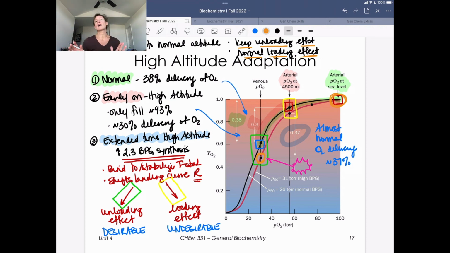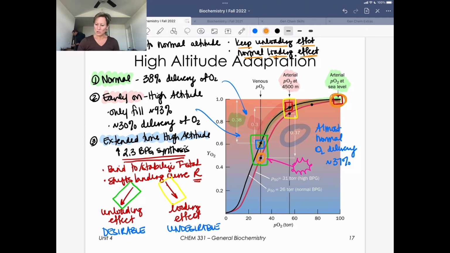So this is why athletes do this. This is why they train at high altitude: you get to have the benefit of the unloading from the enhanced 2,3-BPG, but by being back at normal concentrations of oxygen in your environment, you get to fill your bucket more fully. So really that adds back in that extra 7%, if you will.